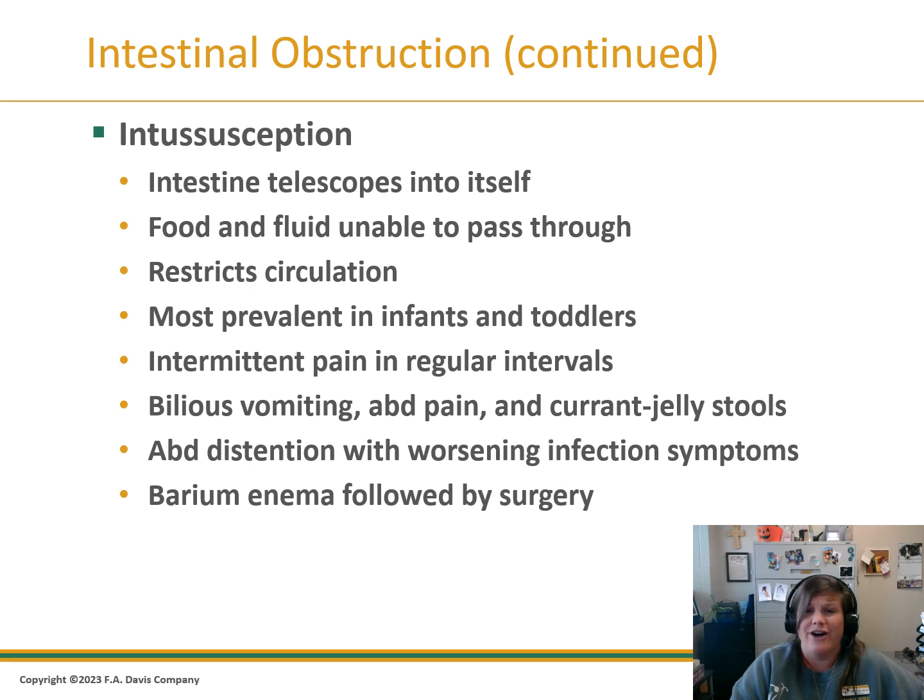The patient will have vomiting that is bilious, which means like bile. So we would expect green and bright yellow coloration to the vomit. Abdominal pain, and their stools will be different. It's described as a currant jelly stool.